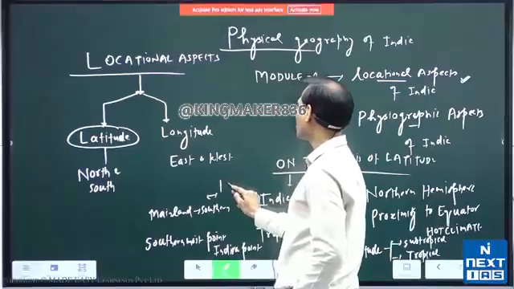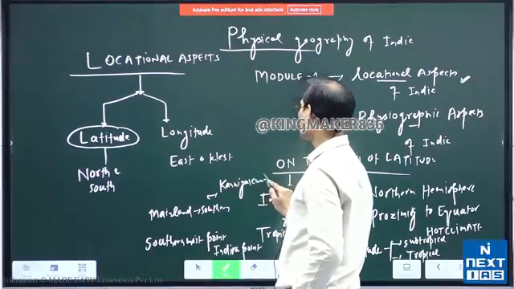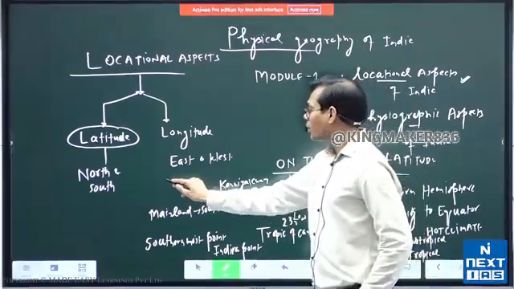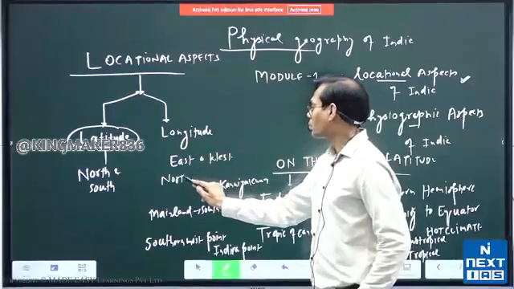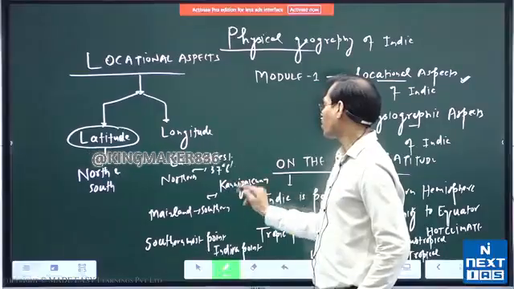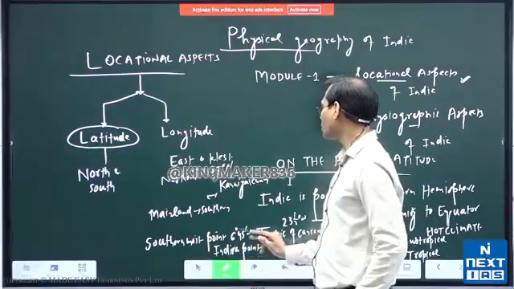Kanyakumari or Cape of Comorin. And also the northernmost point marked by which latitude? 37 degree, 6 minutes. And what is the latitude of Indira Point? 6 degree, 45 minutes north.